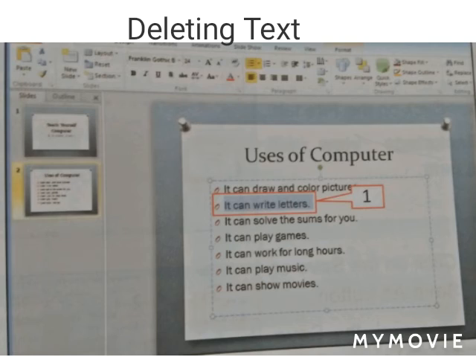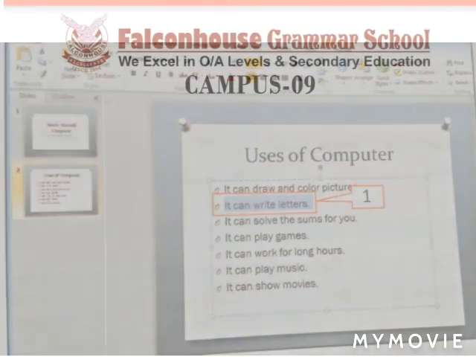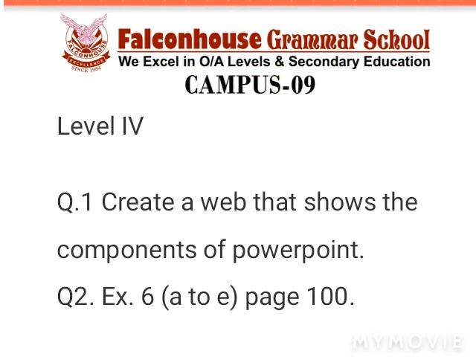Now I'm giving you an exercise that you have to do in your exercise book. Your question number 1 is to create a web that shows the components of PowerPoint. There are 12 components of PowerPoint I explained in the video. You must write down the names only, in the form of a web.